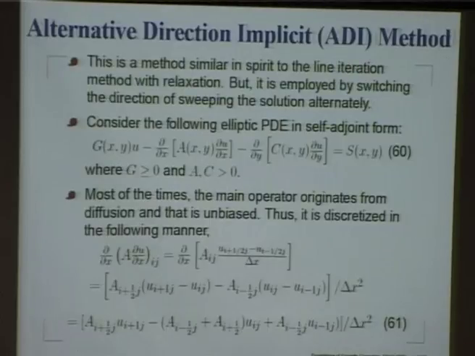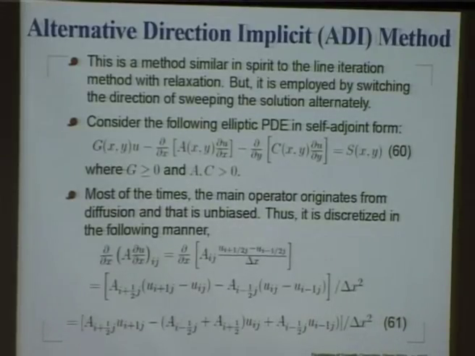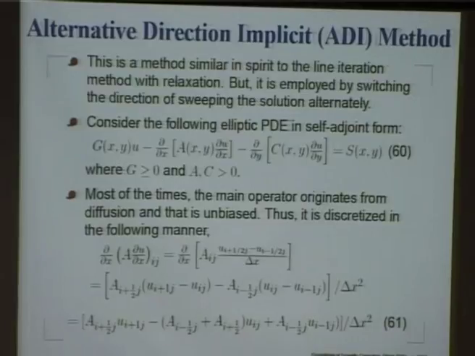However, it was also noted that the strategy by which we go along in choosing these lines favors boundary conditions from one side or the other. So that is where this idea came up, that if we keep switching the direction of solution, then we could in an unbiased manner bring in the boundary information from all sides, and that is what is desirable for a boundary value problem. That was the whole idea.